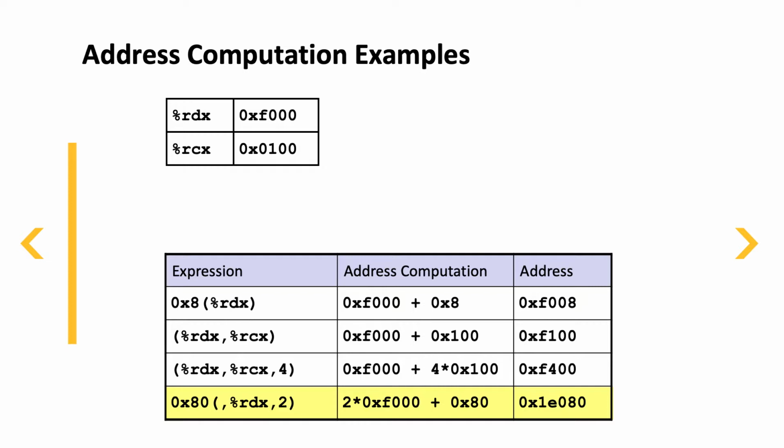We do have an index register, RDX, which is F00. So 2 times F00 plus our 80, which is our displacement, ends up being 1E080, and you can check the math on the hex in that, but that still works. We just drop things into the formula for our general form, and out pops the address that we're trying to get to.